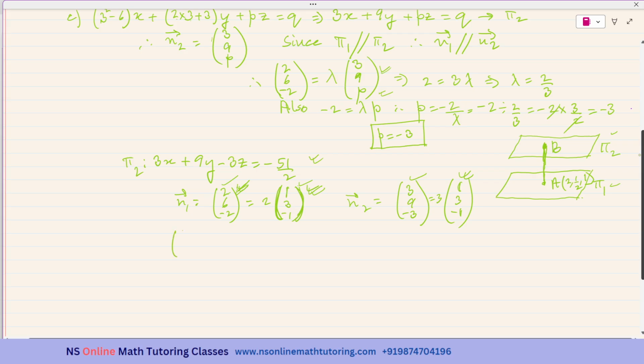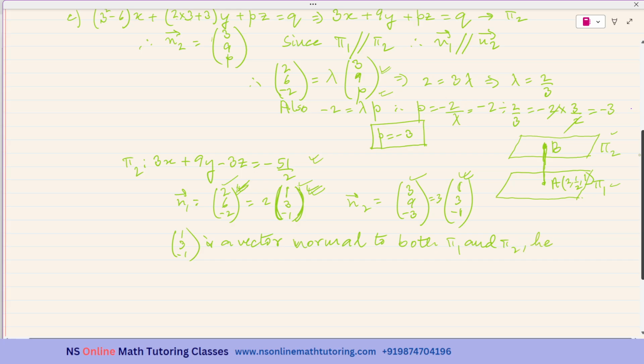So 1, 3 and negative 1 is a vector normal to both pi 1 and pi 2.